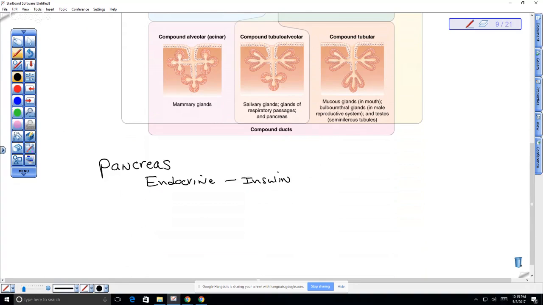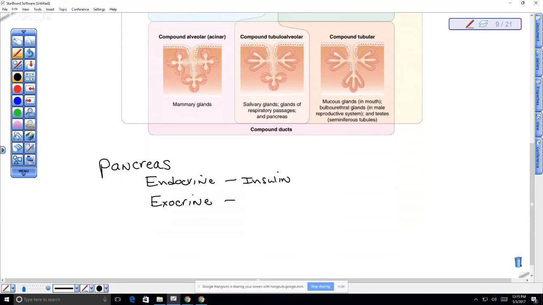And if your pancreas cannot produce insulin, then you have type 1 diabetes. So for example, some people are born, or as children, with type 1 diabetes where the endocrine portion of the pancreas is attacked by the immune system and is destroyed. And so then they have to take insulin during the rest of their life in order to help regulate their blood sugar levels. So as an exocrine gland, does anybody know what it produces?